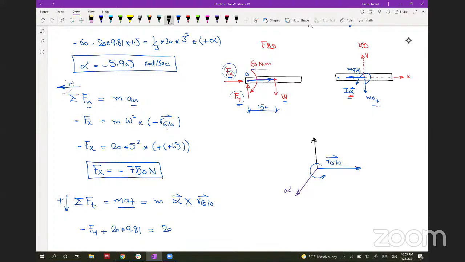So we will have 20 multiplied by, let's make sure that we have everything right here. So I multiplied alpha by r_G/O, so it will be something, assume that this is, let's make it 3D here.